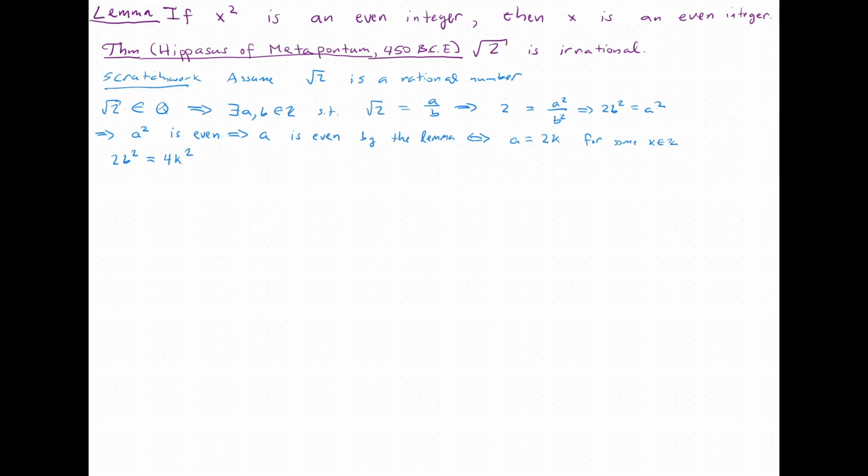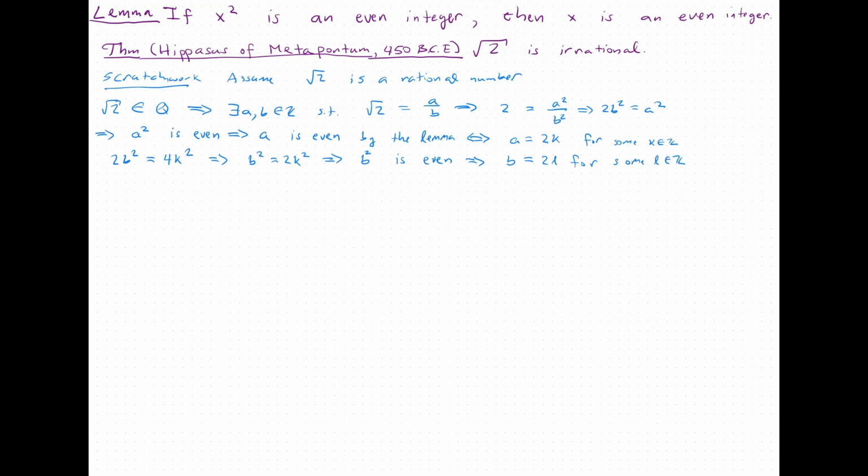We can go ahead, divide by 2, and we get that b squared is equal to 2k squared, which then implies that b squared is even, and now the lemma implies that b is equal to 2l for some l in Z.